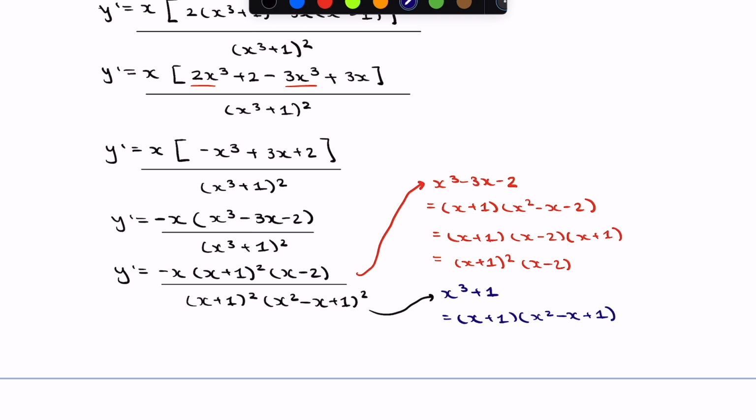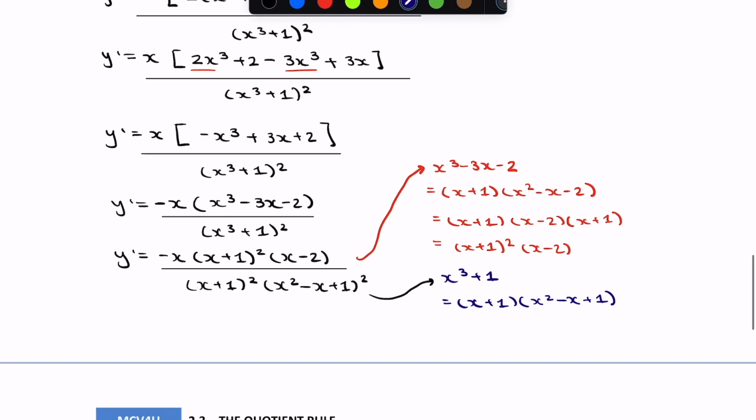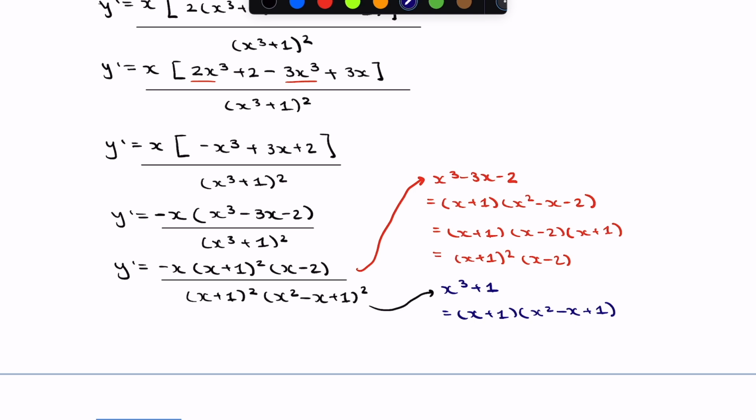Again, here it is x cubed plus 1 squared, so then we have x plus 1 squared and x squared minus x plus 1 squared as well. So here, the x plus 1 squares will cancel out. And here we'll be left with negative x times x minus 2 over x squared minus x plus 1 squared.